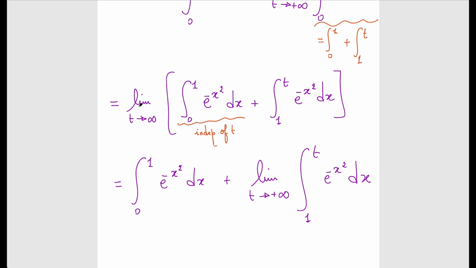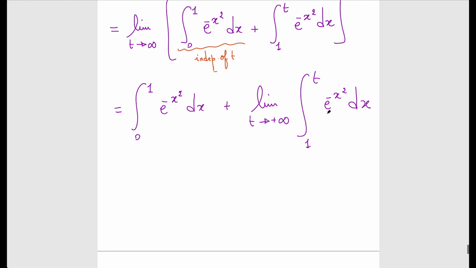Okay, so one more time, the limit of that, because this guy is independent of t, it's a constant with respect to t, so the limit of this remains itself, and plus the other limit, right? And what is that guy? This is the improper integral from 1 to infinity, right? So we get exactly as I wrote at the beginning of this, but these are the details. Okay, so you get that.